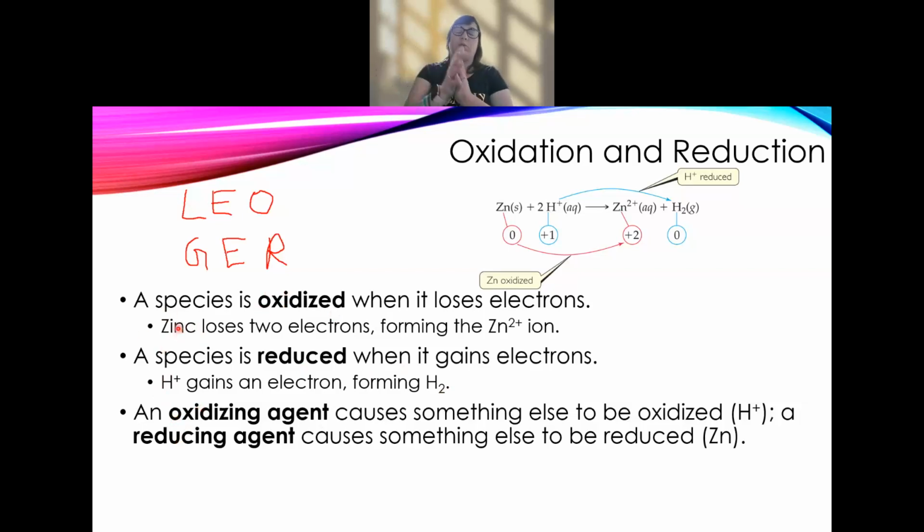Okay, so you'll probably hear me saying this. I have this here, my electrons are here. I'll go LEO goes GER, figure out which one it is, and then I'll go, okay, because this is this, then it's either an oxidizing agent or a reducing agent because of what it caused in something else. I know that that's a really long and circuitous way to get from point A to point B, but that's the way it works in my head.